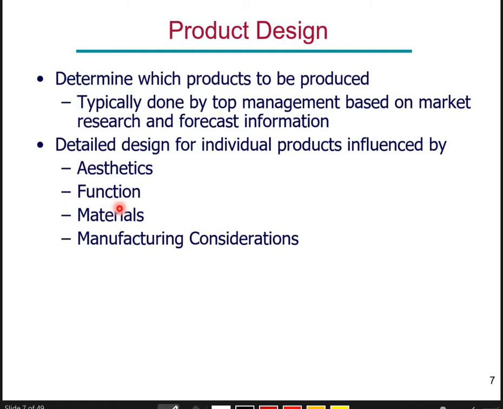The function of the product should satisfy the customer needs. The materials that we are using for this product should be cheap, they should be durable, they should be strong at the same time. Okay. And also the manufacturing considerations. So the product should be easy to manufacture. We should design the product in such a way that manufacturing is easier and cheaper.